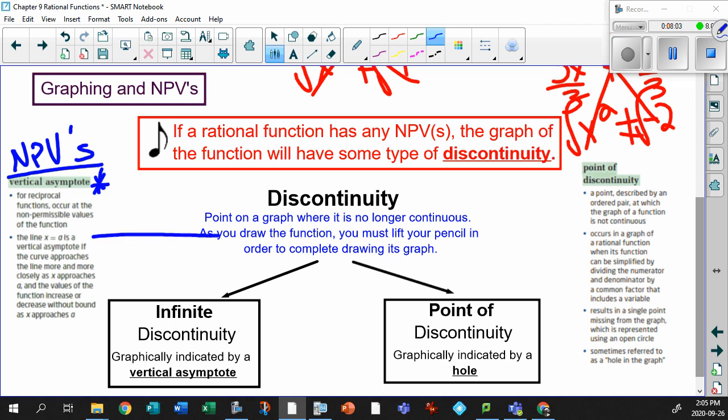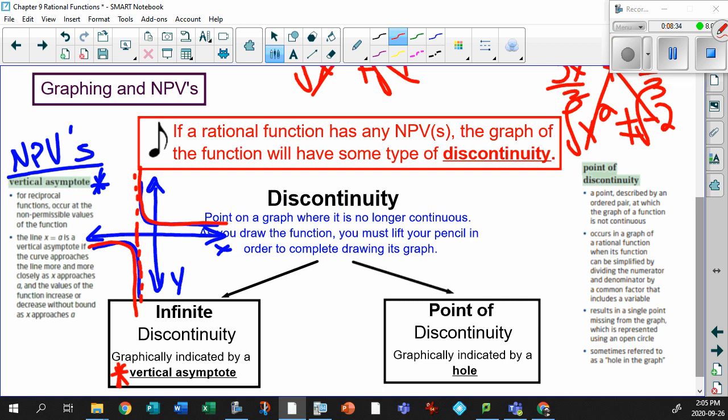So we graphed, there's my x-axis, there's my y-axis, and I had something that comes around like this, and then I said, oh my goodness, there's the non-permissible value that gave me this wonderful thing called an asymptote. It said that this curve gets close to that line but never touches it. That's what an asymptote was. Specifically, that was a vertical asymptote.